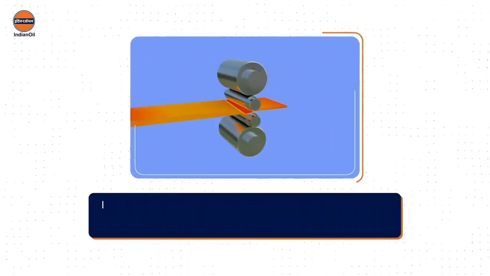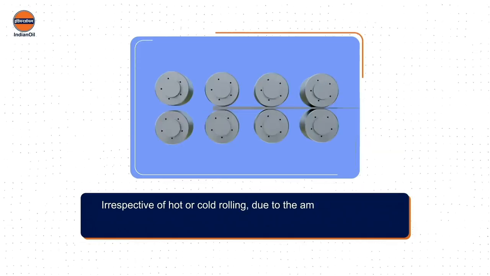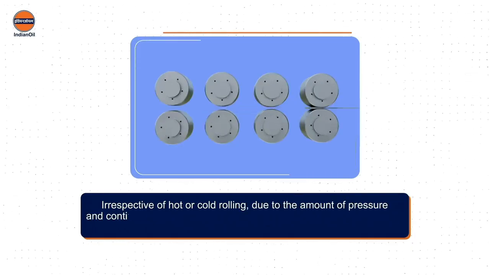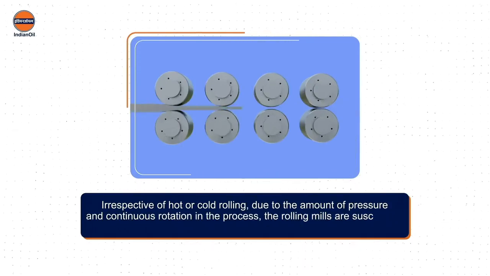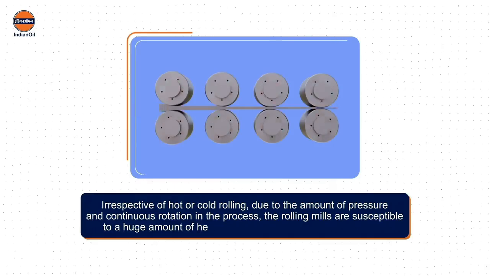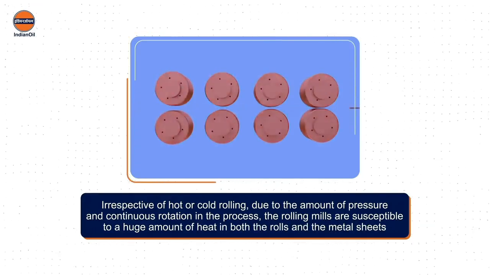However, irrespective of the hot or cold rolling, due to the amount of pressure and continuous rotation in the process, the rolling mills are susceptible to a huge amount of heat in both the rolls and the metal sheets.